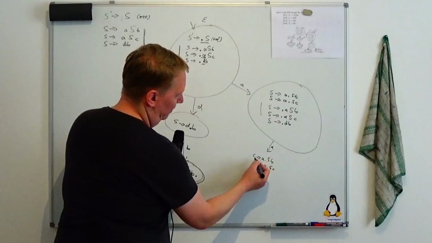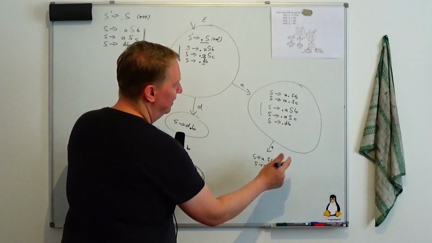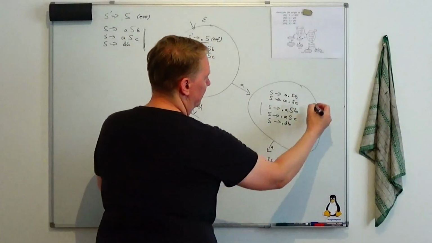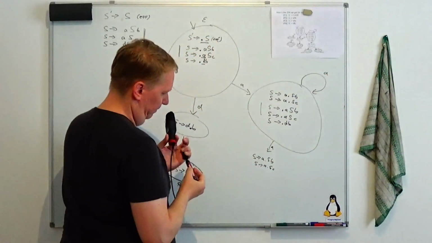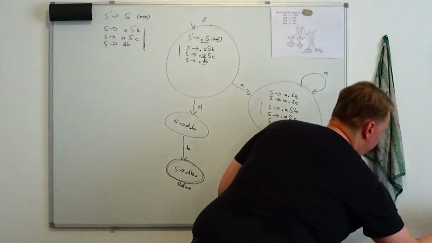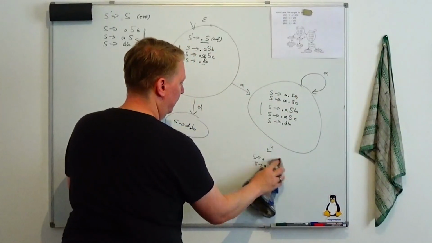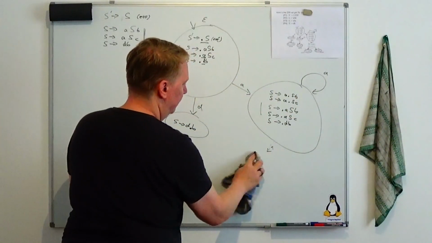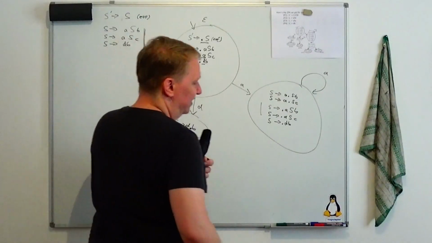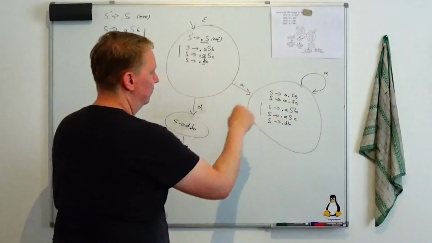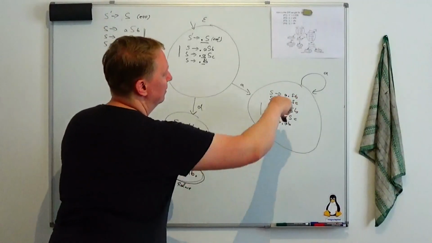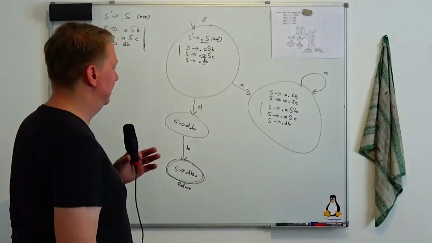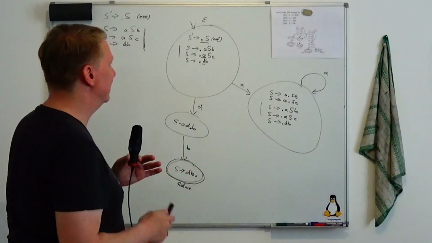So what we are getting down here as a state is the same state as this one. So instead we will have a loop here, because the set of LR informations in that state down here is the same as here. So instead we create a loop here and don't create another state.